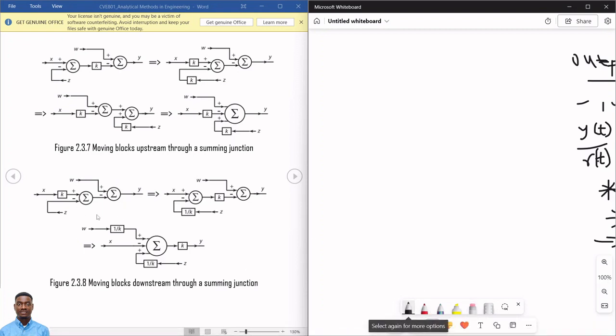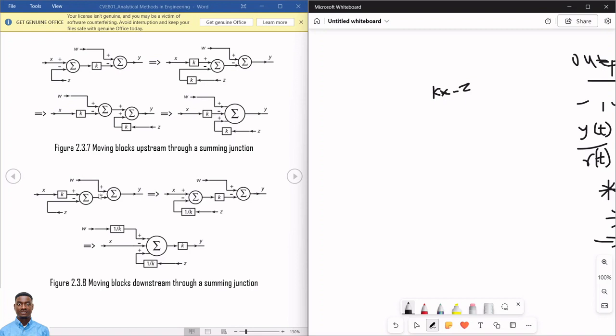So what's the model of this block? So this is Z, KX on this line, so KX minus Z is on this line. I'll be writing the mathematical model now. So KX minus Z comes out here.